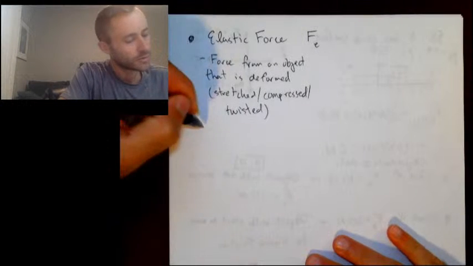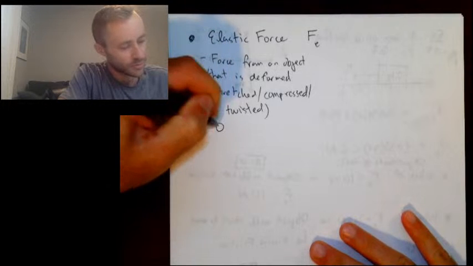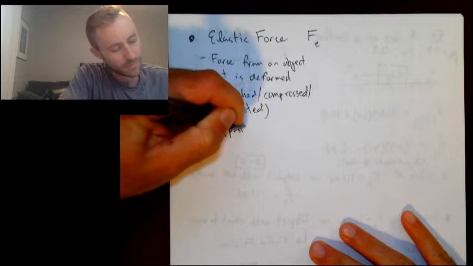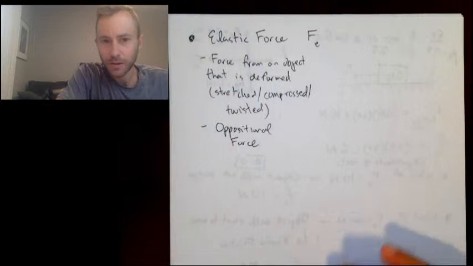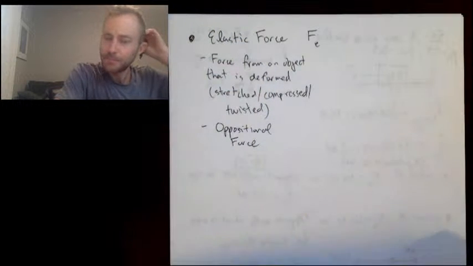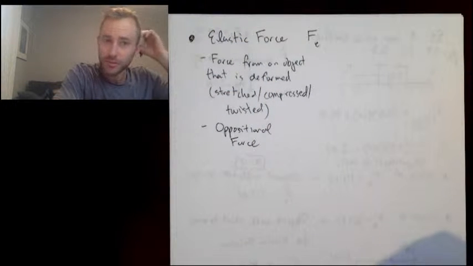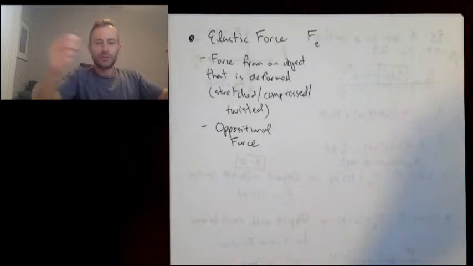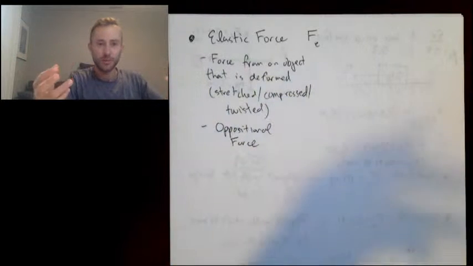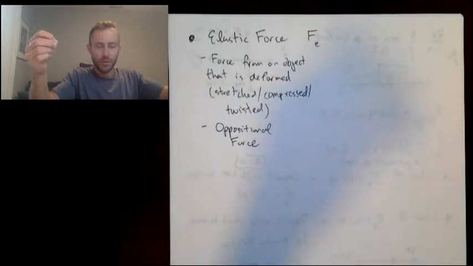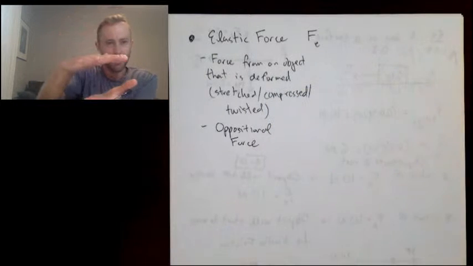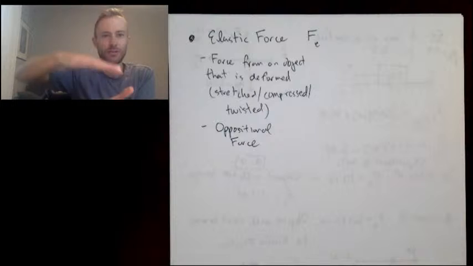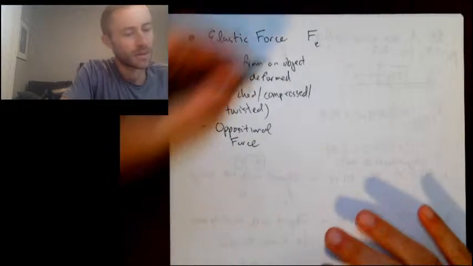So we would say that it is an oppositional force. Just like friction, it's an oppositional force. If you try to stretch, it's a resistive force. You try to stretch a rubber band, it pulls back to its original position. You try to compress a spring, it extends back to its original.